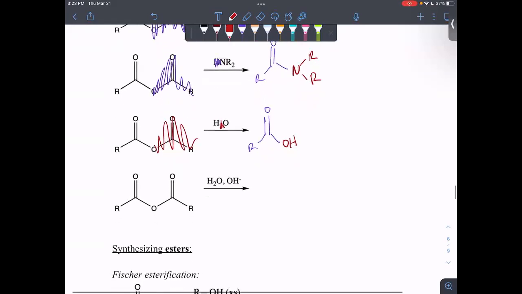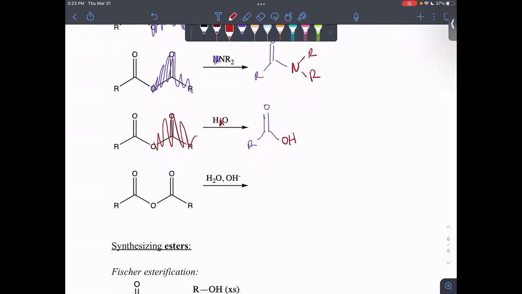And then lastly is the same thing, but in basic conditions, but we don't have to worry about that.